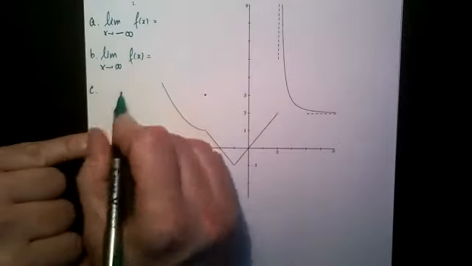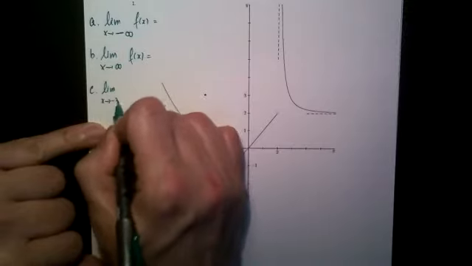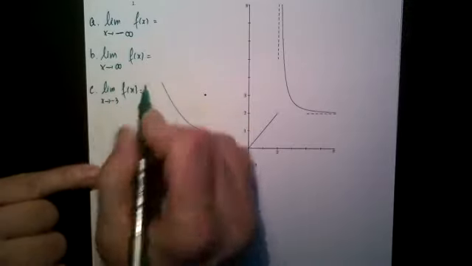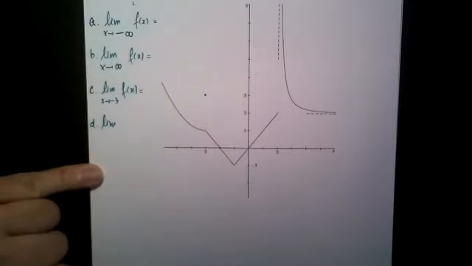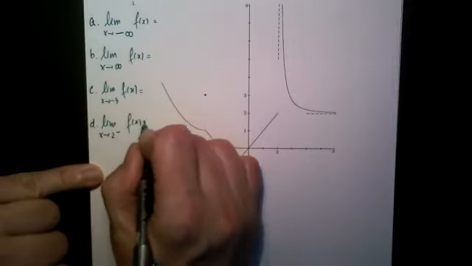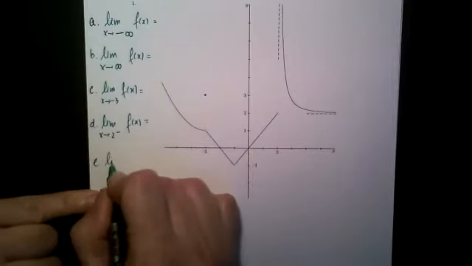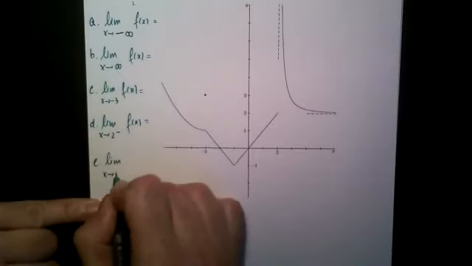C, the limit as x approaches -3. D, the limit as x approaches 2 from the left side. E, the limit as x approaches 2.